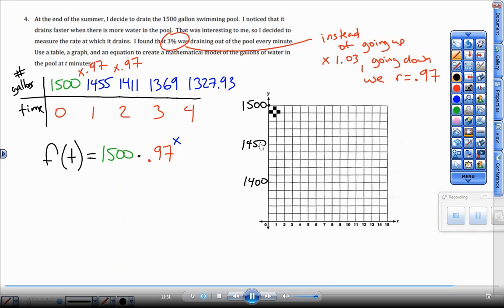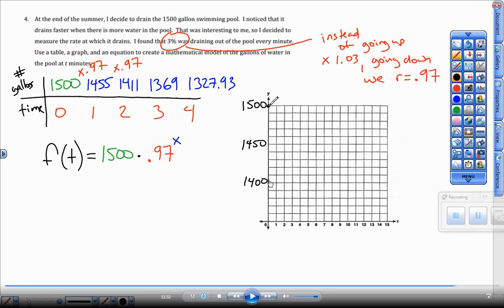Okay, so again for my graph, the way I made this scale was 1500 here, and then 1, 2, 3, 4, 5. This is 1460, 1470, 1480, 1490, 1500. This would be 1440, 1430, 1420, 1410, 1400.